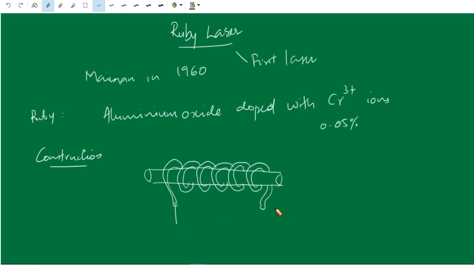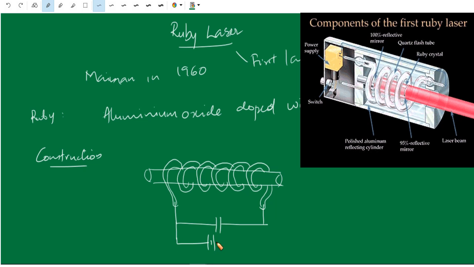The flash lamp is connected to a capacitor, and this is connected to a high voltage source. So this is the simple construction of a ruby laser.